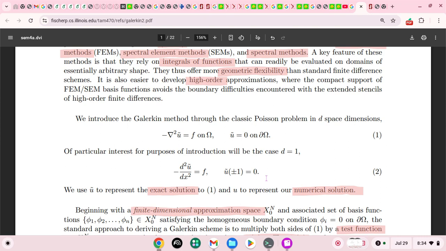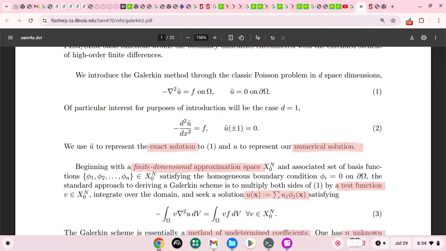You represent the exact solution and the numerical solution, and we try to approximate the solution of this differential equation in a finite dimensional space X0, spanned by n basis functions phi 1 to phi n, satisfying those homogeneous boundary conditions. We define a test function called v, an integrable function, and we seek solutions which can be expanded in this finite dimensional space using these coefficients of expansion.